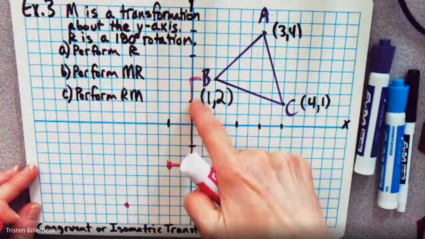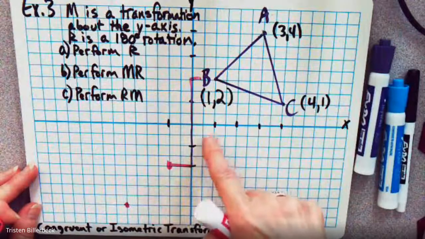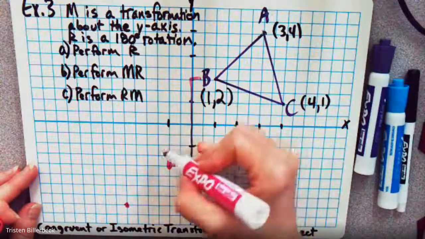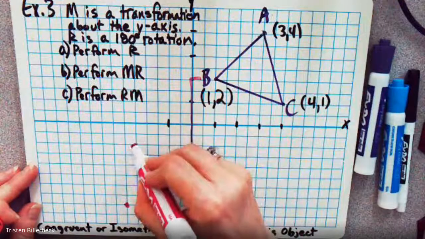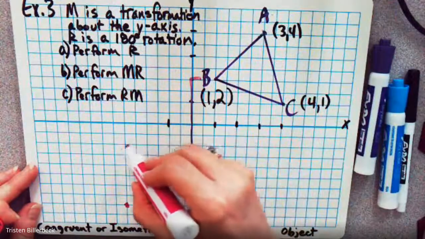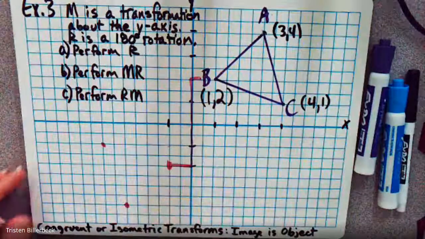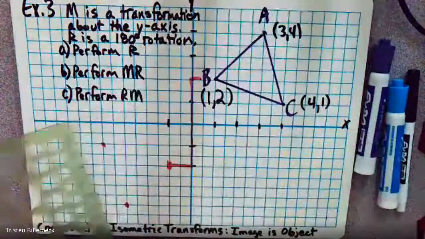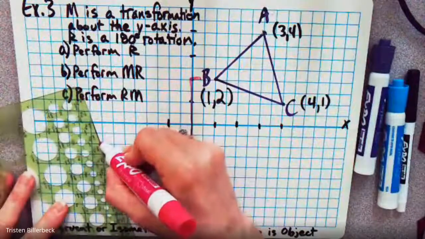So we'll move 1 here, we'll move 1 down. So this is 1, 2, 3, 4. So from here, we're going to go 1, 2, 3, 1, 2, 3, 4. Okay, so hopefully we're going to have the same shape, but it's just going to be 180.